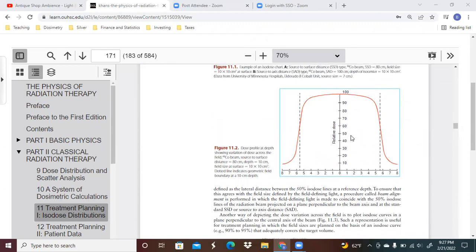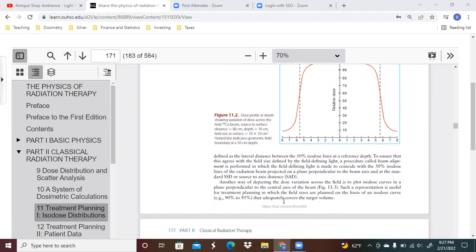In other words, when this hits 50%, if your beam profile crosses at that point, then you can see the field edges. So to ensure that this agrees with the field size defined by the field defining light, you do a procedure called a beam alignment, and that's when the field defining light is made to coincide with the 50% isodose line.